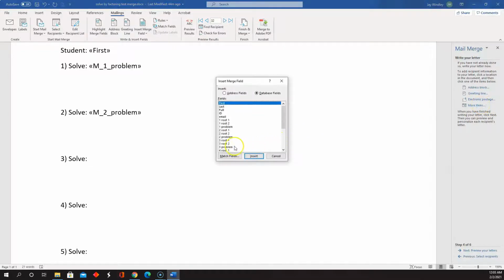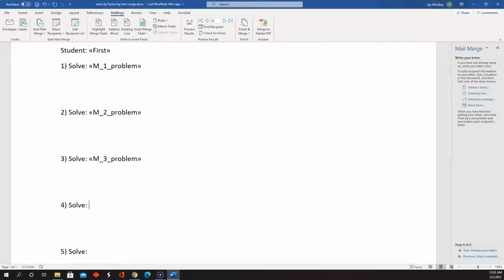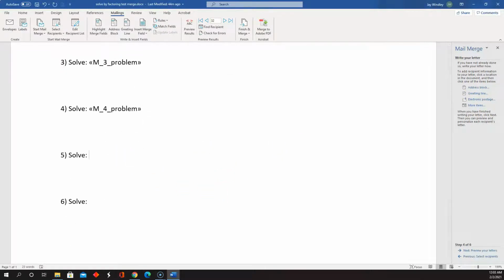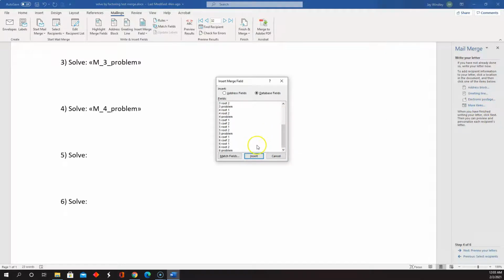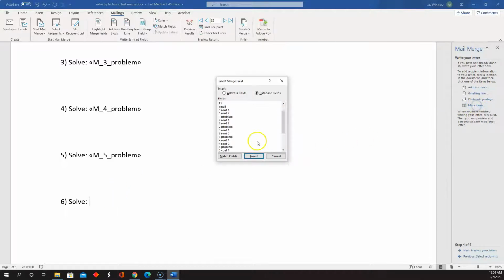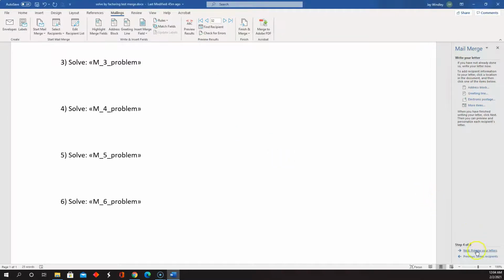More Items, problem 3, bam, cursor here. More Items, problem 4, bam, cursor here. More Items, problem 5, bam, and cursor here. More Items, problem 6. Close.